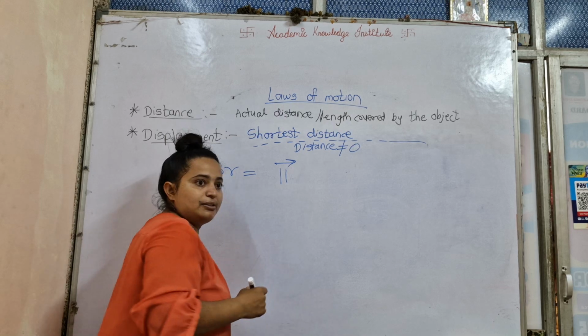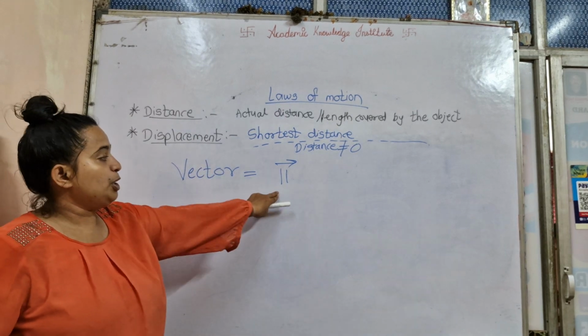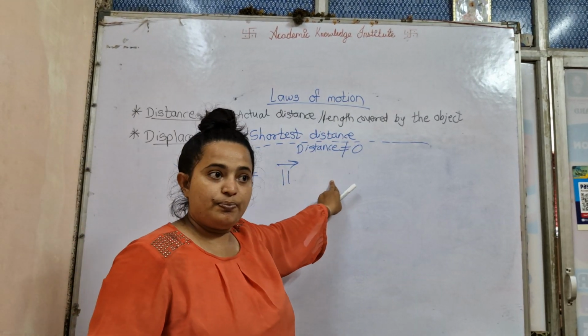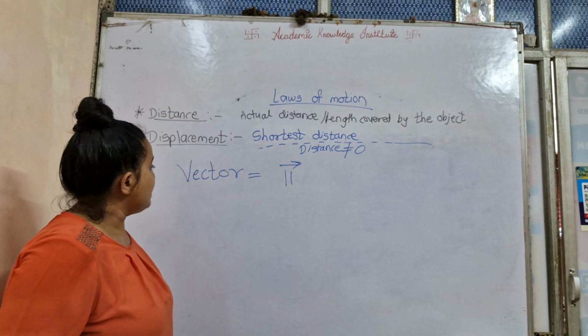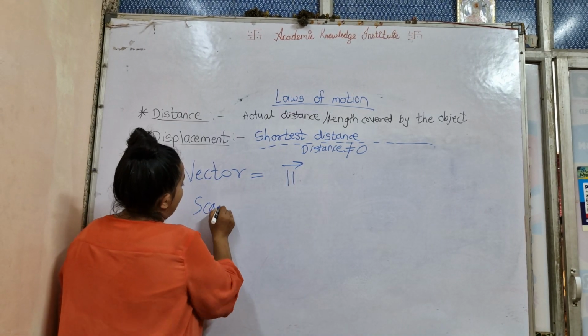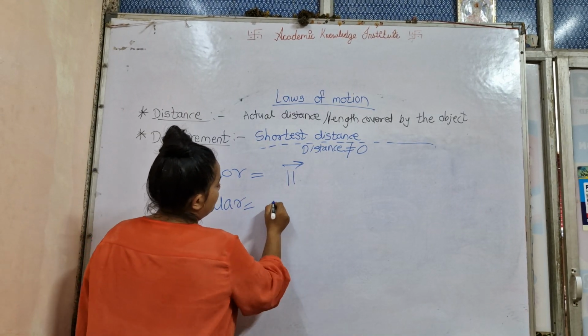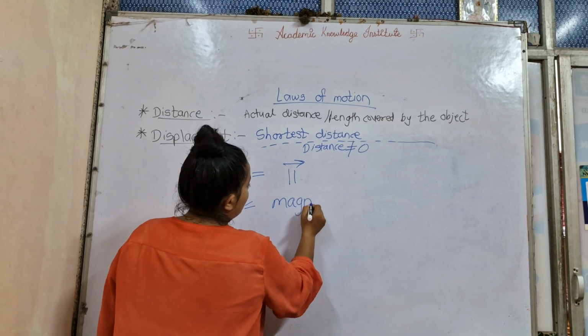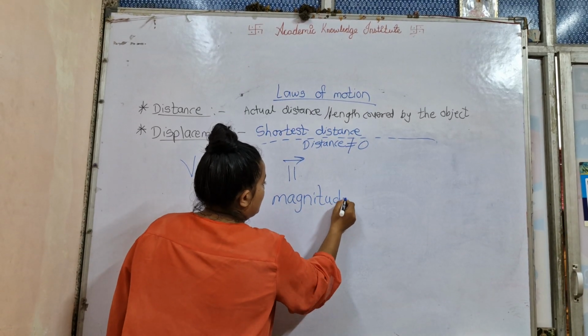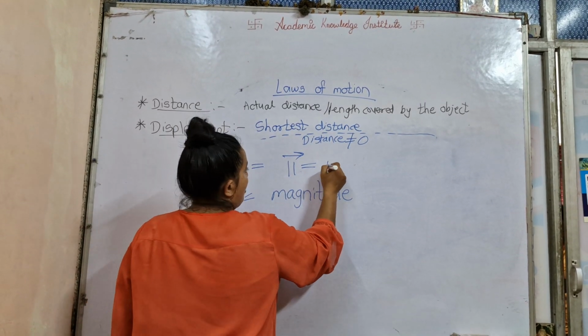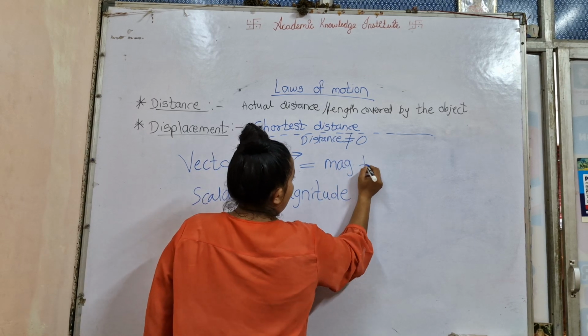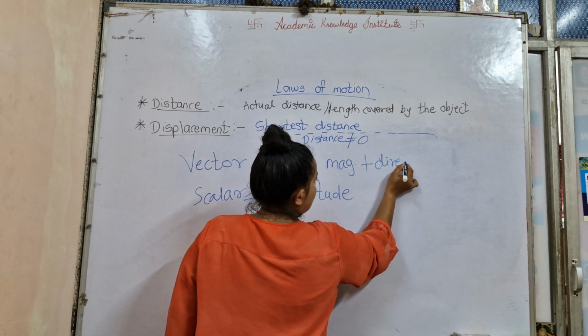They are written like this. That means they have magnitude as well as direction. And scalar quantities only have magnitude. Vectors have magnitude plus direction.